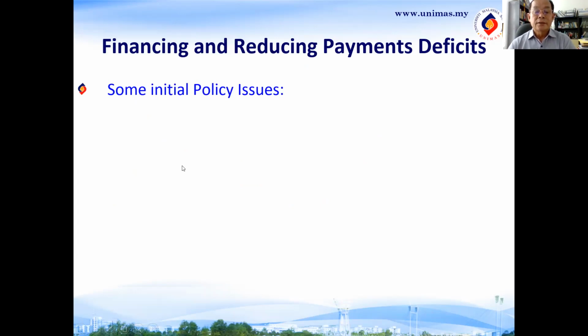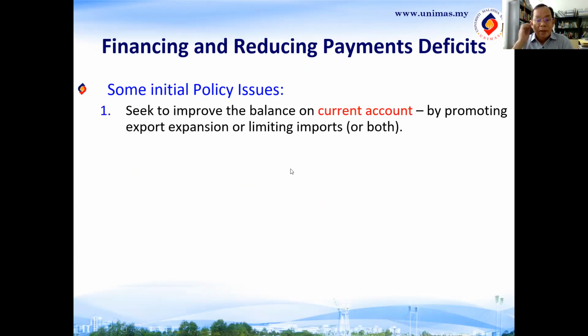So there are several initial policy issues, for example, with regard to financing as well as reducing payment deficit. Payment deficit means we have to make payments, for example, on loans that the country gets from another source outside.